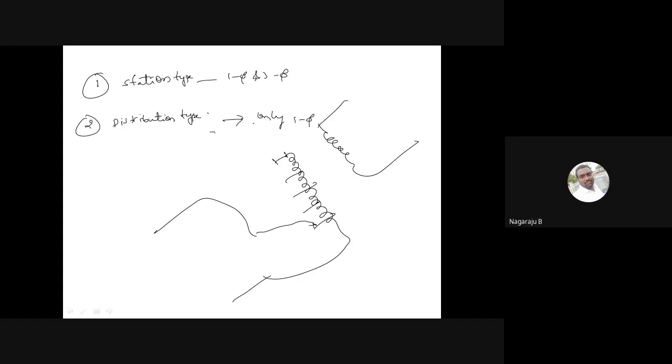So automatically you can have plus or minus 10 percent, for boost or bucking purpose. You are going for these two types of things. And the last topic is line drop compensation.